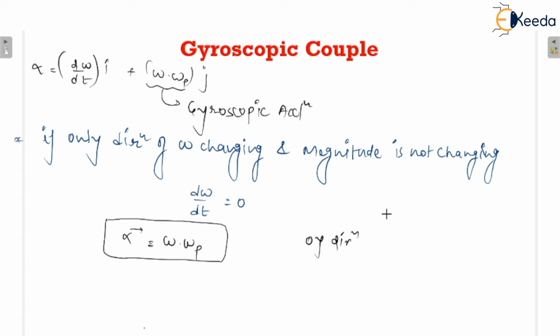Therefore, to have precession, which means a change in the direction of omega, in order to provide alpha equal to omega p in the y direction, external torque is required to be applied to the system. That requirement of external torque is known as basically the active gyroscopic couple.